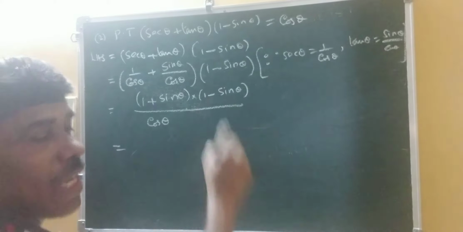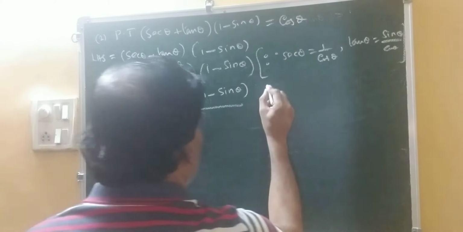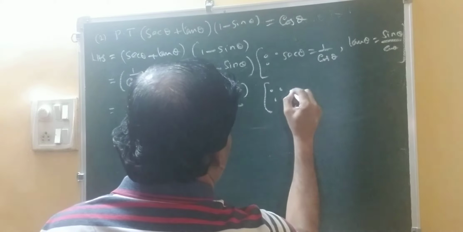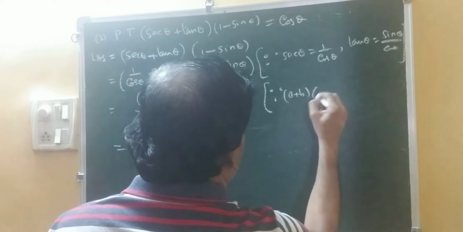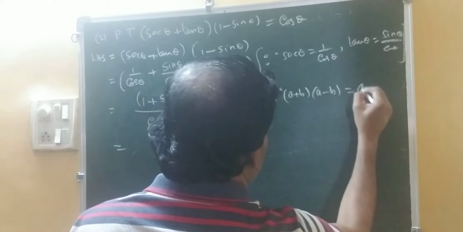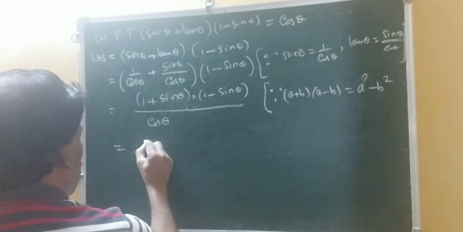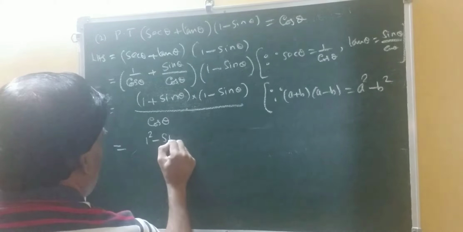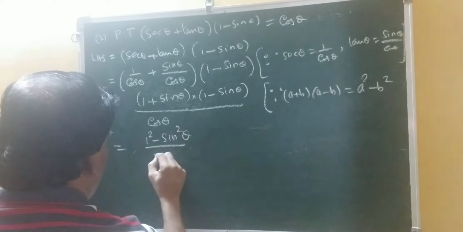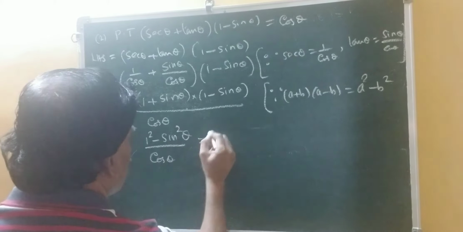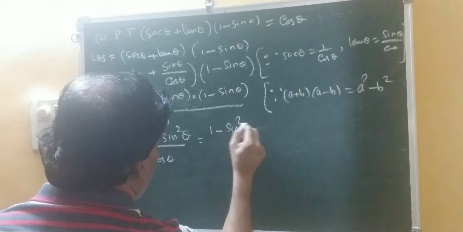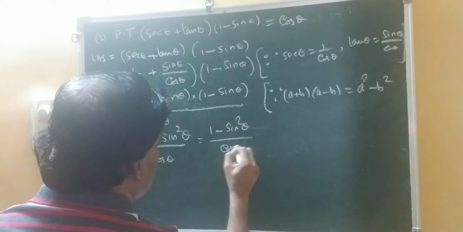What is (a plus b) into (a minus b)? It means a square minus b square. So this is 1 square minus sin square theta upon cos theta. 1 square is 1. 1 minus sin square theta upon cos theta.